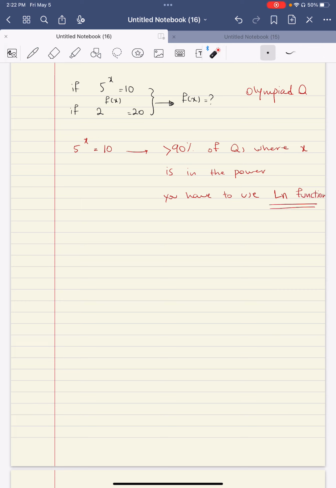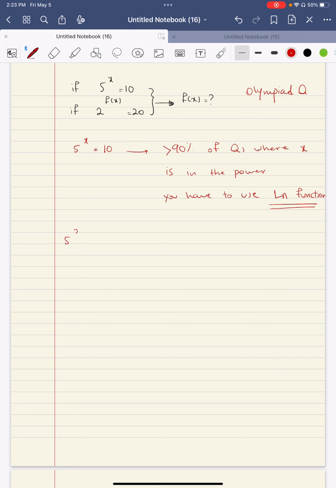If you apply it to both sides of your equality, you will be able to answer the question. So whenever you have a function of f in the power, you have to apply the ln. I'm going to do the same thing here.